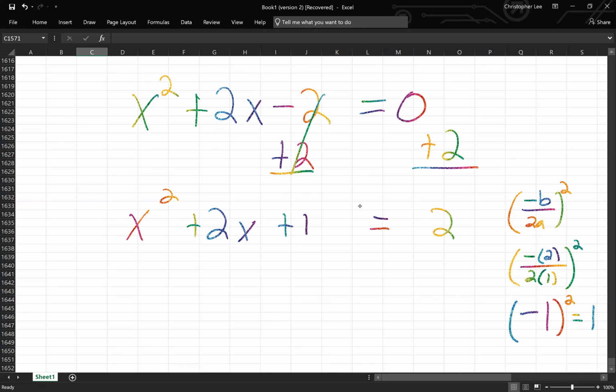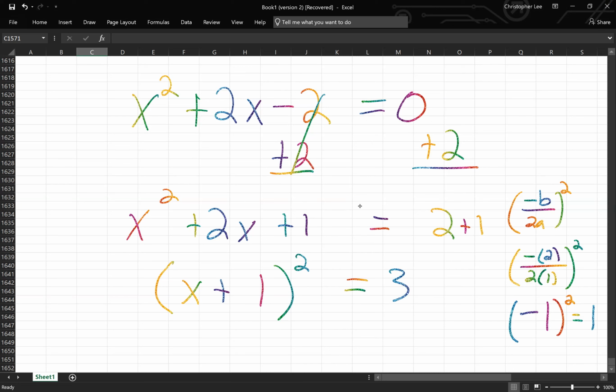So we're going to add 1 here, add 1 here. This is going to become what? x, what? Plus or minus? Like, what's the factor gonna be? Good. And then what's it gonna be here? 1, good. Equals 2 plus 1 is 3.